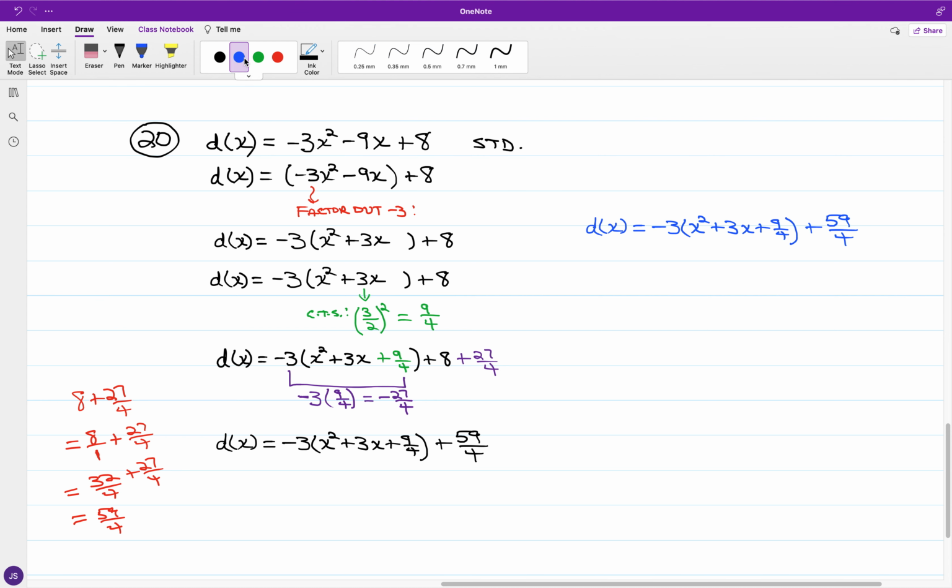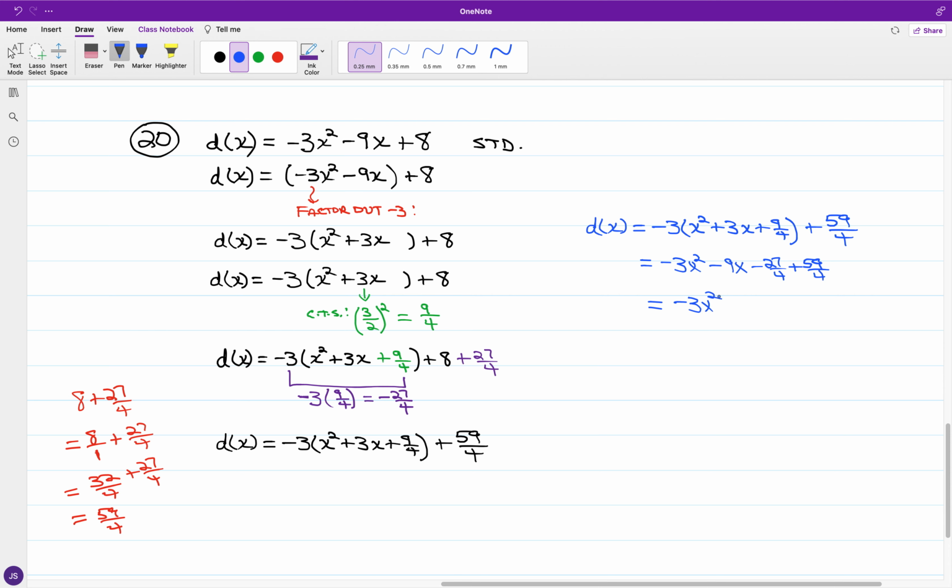So you have the case of d of x. I want this statement to balance out to the standard form we started with. So distributing, you get negative 3x squared, minus 9x, and negative 27/4, plus 59/4.